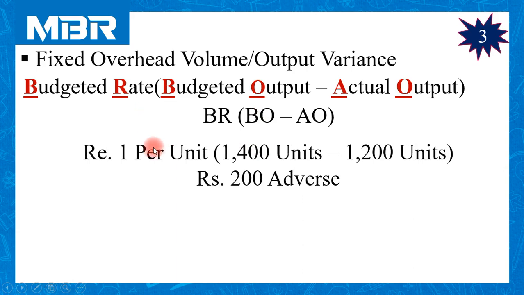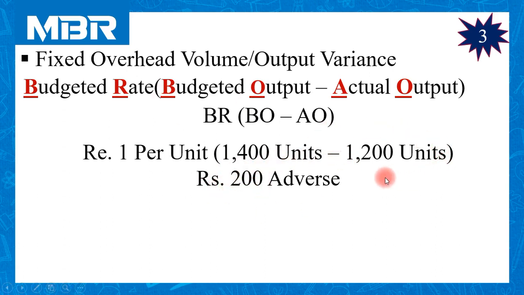Budgeted rate per unit. As per our calculation, it is rupee 1 per unit. Budgeted output is given clearly in our question as 1400 units and actual output 1200 units. Here we need to produce 1400 units of output.